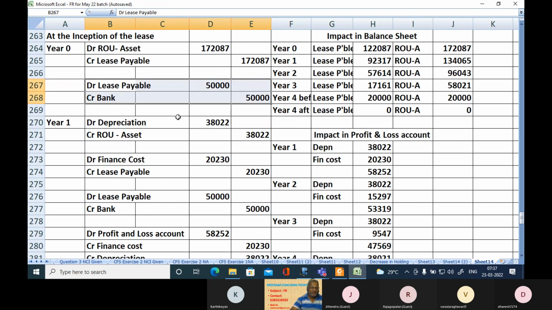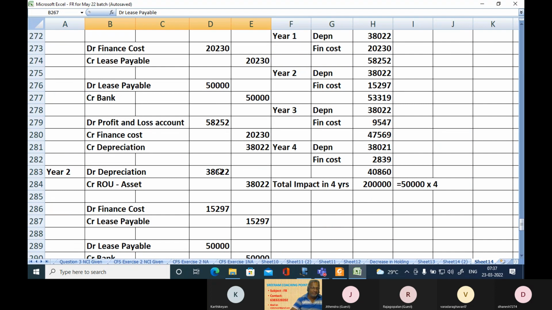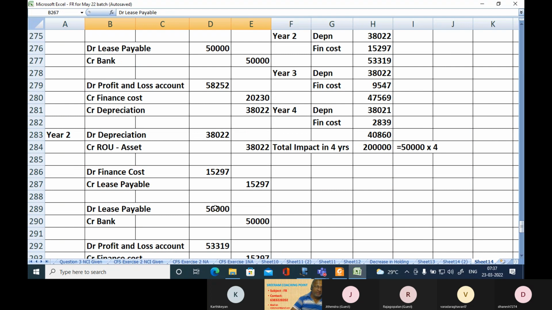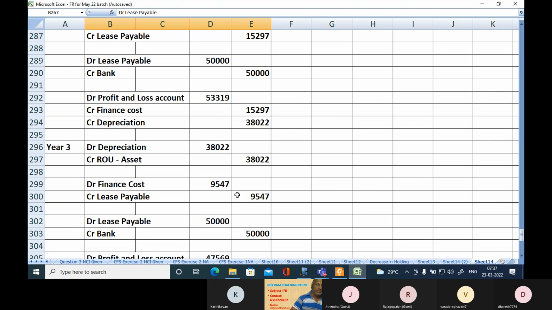So year after year, the depreciation and the finance costs that we have picked up, we have updated, and the lease payment and how much we debit to P&L account in year number 2, the same thing. So lease rental 50,000 and some of the finance costs and depreciation here. Year number 3, similarly.